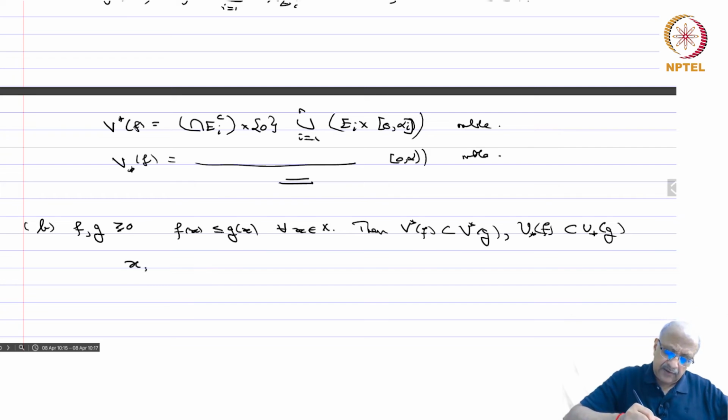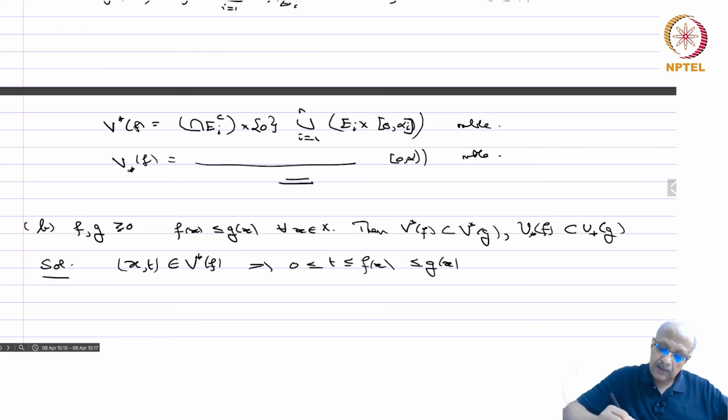So let us take (x,t) in V^* f. So this means 0 less than or equal to t less than or equal to f(x), but that's less than or equal to g(x), and therefore (x,t) belongs to V^* g. Similarly, V_* f is contained in V_* g.